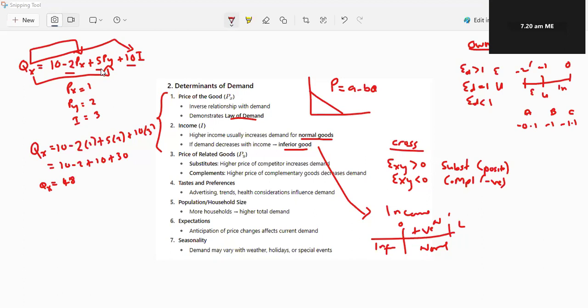But cross price can be positive or negative. So if I have a positive, it means it's a substitute good. If I have a negative here for the other good, it would have been a complementary good. Then for income elasticity, we have also explained that if there's a positive, which is greater than zero, it means it's a normal good.